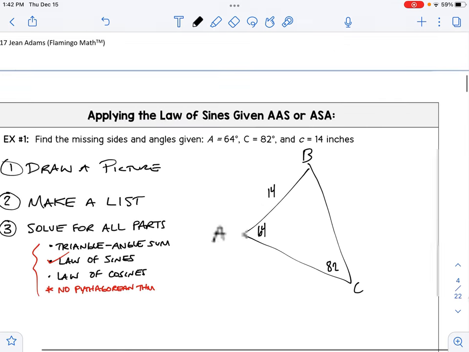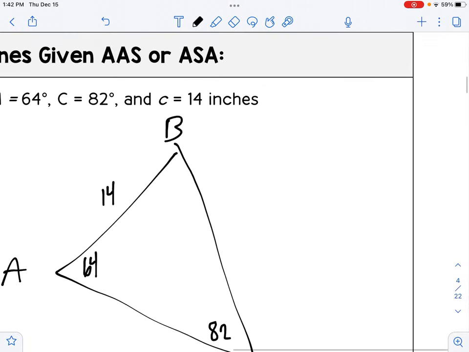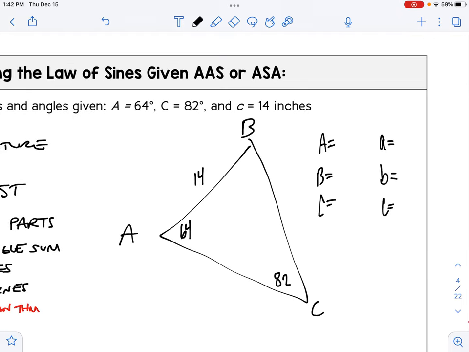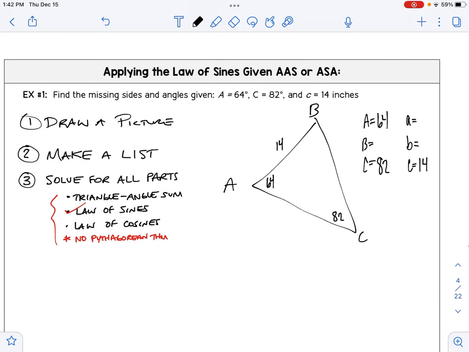The second thing I want you to do is make a list of each of those parts that we're going to be solving for: angle A, angle B, angle C, side A, side B, side C. We make the organized list that way we make sure we solve for all the parts that we're looking for. So angle A is 64, angle C is 82, and side C is 14. Fill in our givens in the list, and then we start solving.